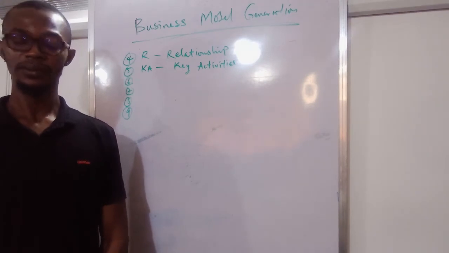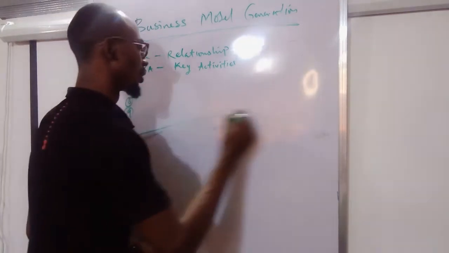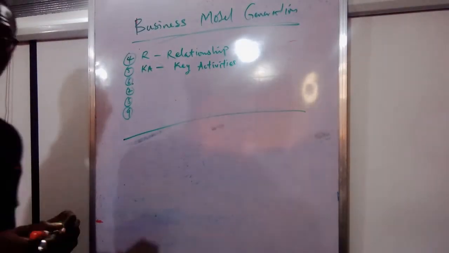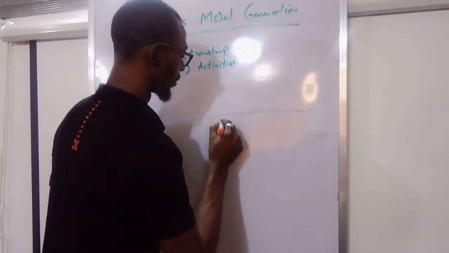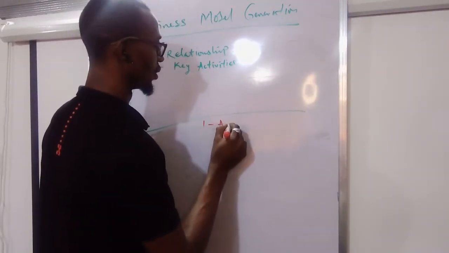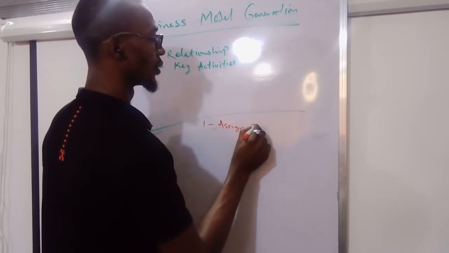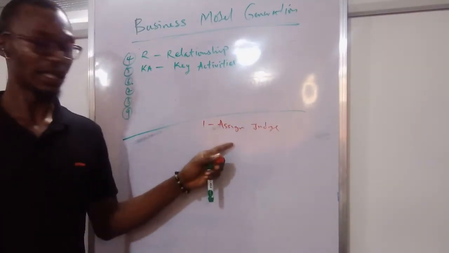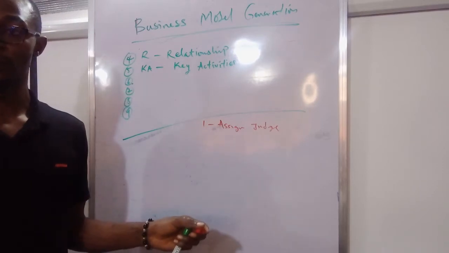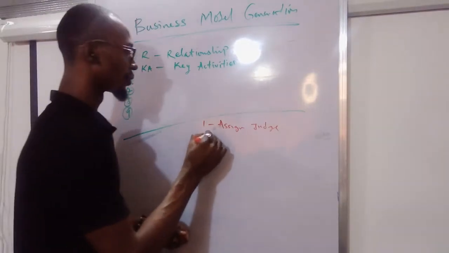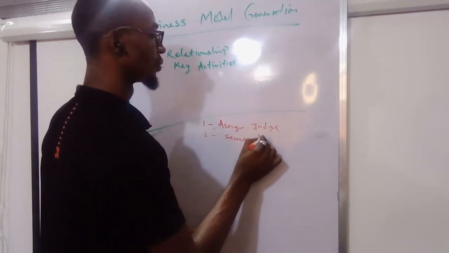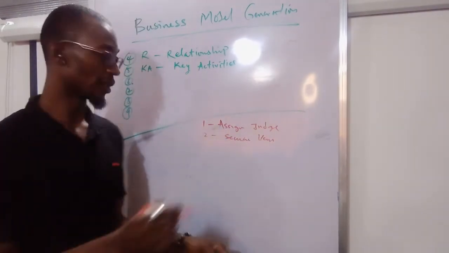Now, let me help you then. You mentioned judges, right? One, you need to assign the judges before the date of the event. That's a clear activity. Venue, you need to secure a venue before the date of the event.